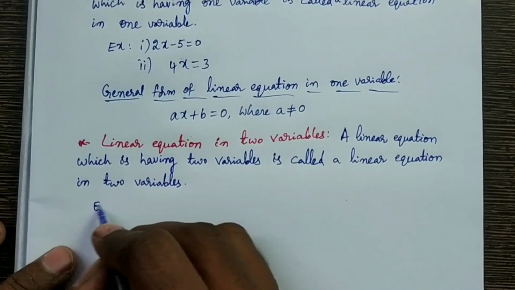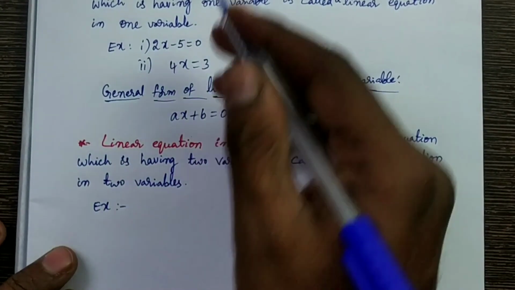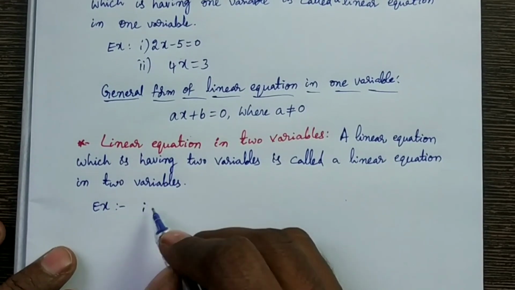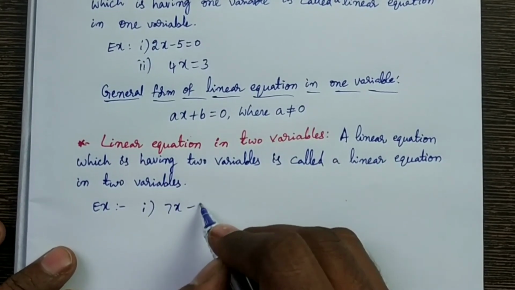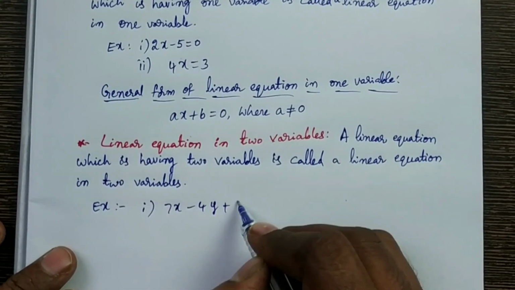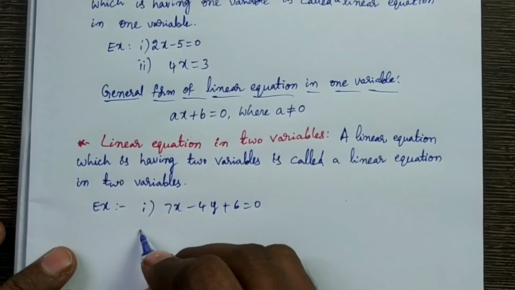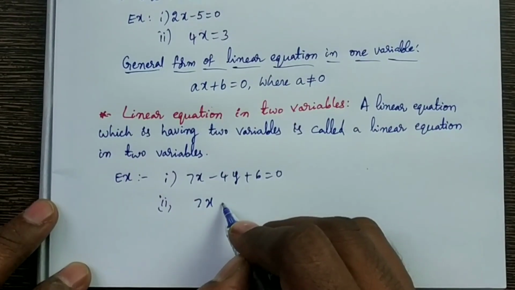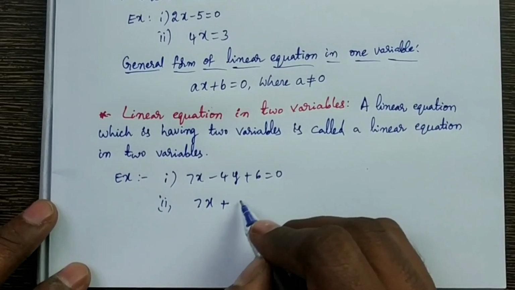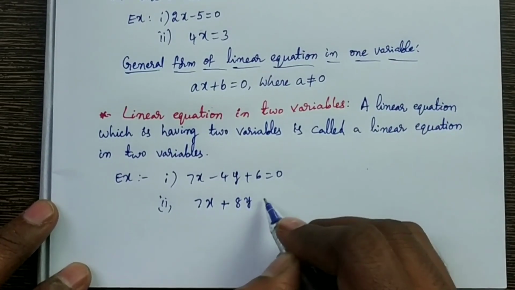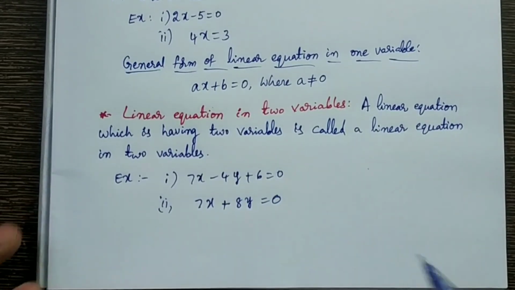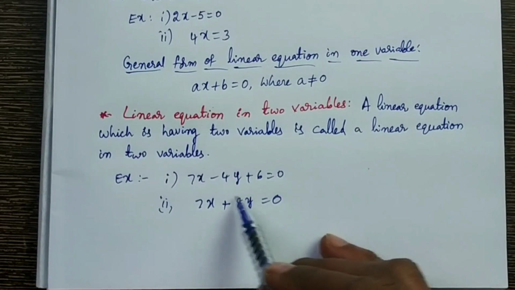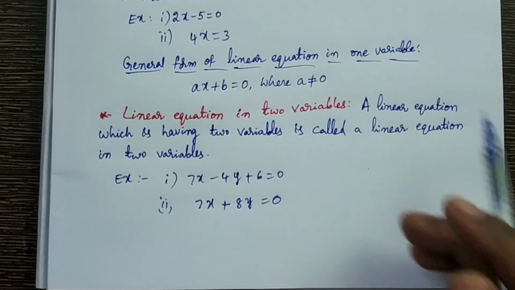For example, 7x minus 4y plus 6 is equal to 0, or 7x plus 8y is equal to 0. This is also an example of a linear equation in two variables.